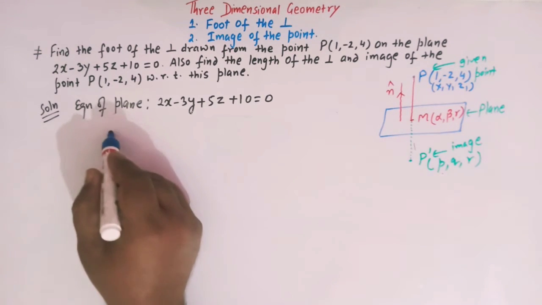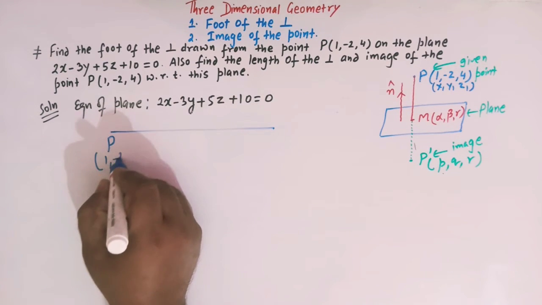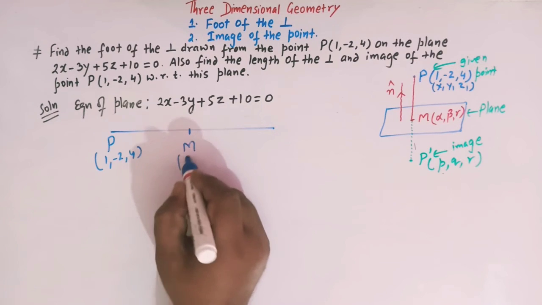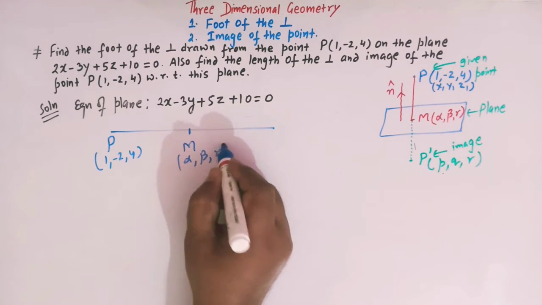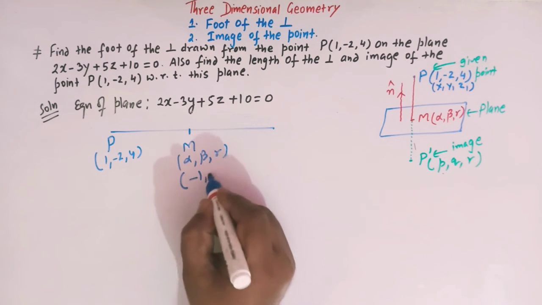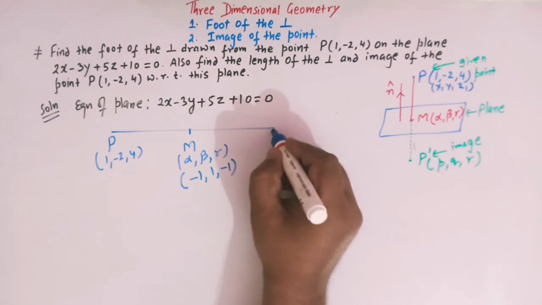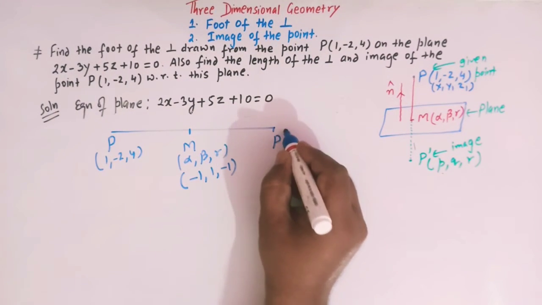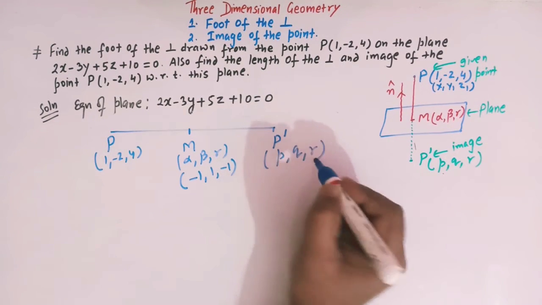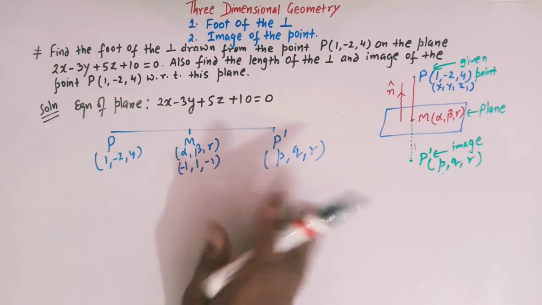So now see, here we have this point P, that is 1, minus 2, 4, and this is the point M, that is alpha beta gamma, which we have obtained as minus 1, 1 and minus 1, and this is the image, that is P dash, and the coordinates P, Q, R are to be calculated. So now viewers, this is the situation.